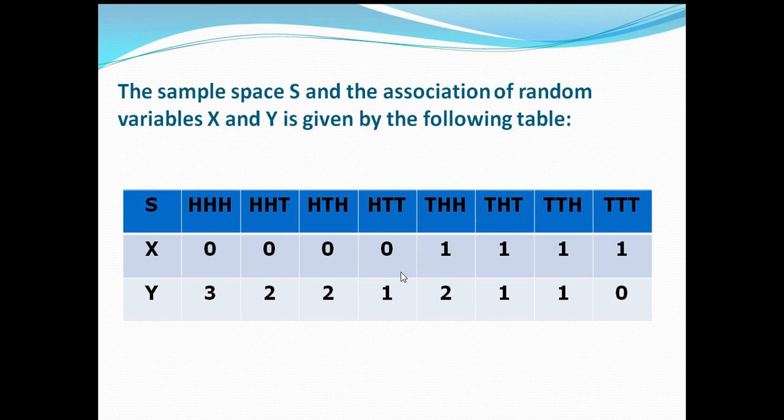So from this table, we can find out the x distribution, the y distribution, and we can find the joint probability distribution table. Now let us move on to find the x distribution and y distribution. In the first case, the probability distribution of x and y is as follows.